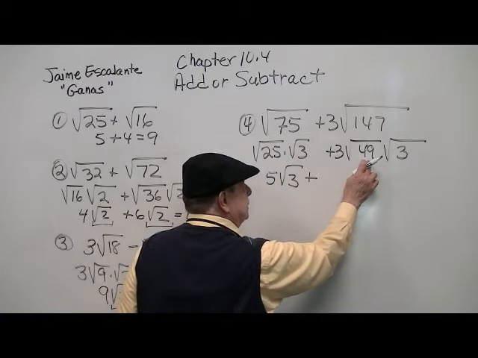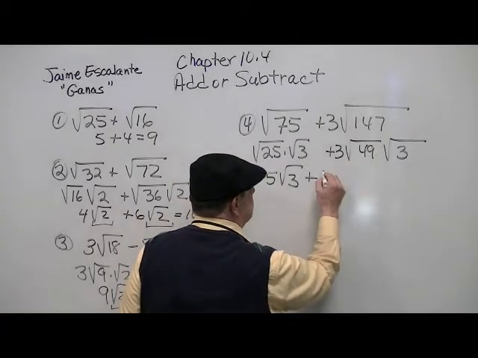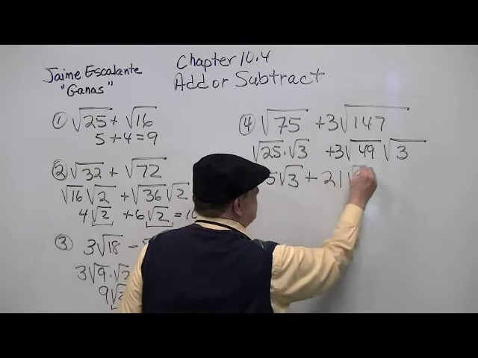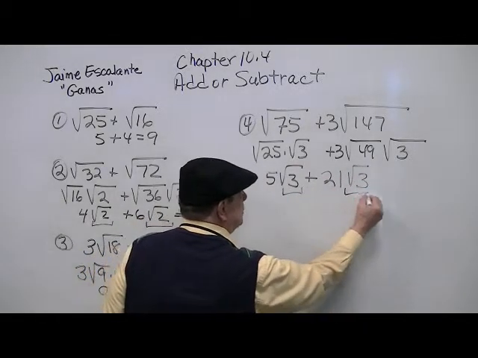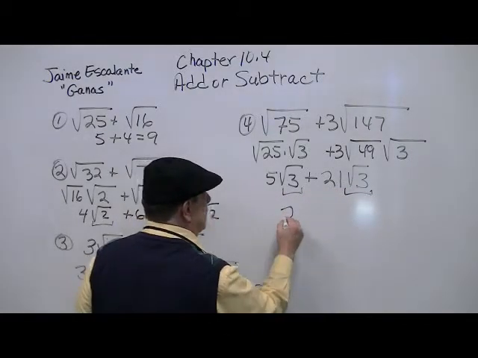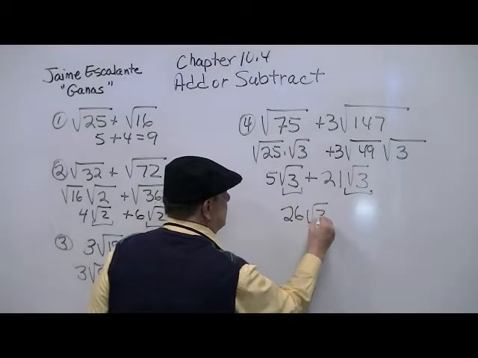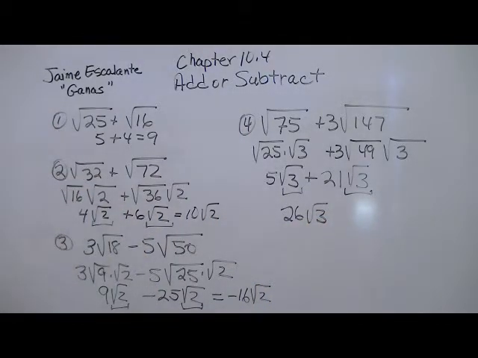Now, square root of 49 is 7. 3 times 7 is 21, the square root of 3. And again, we have like terms. We just add our numerical coefficient, 26, the square root of 3. So far they weren't too bad.